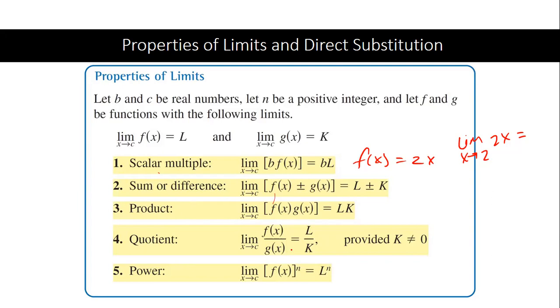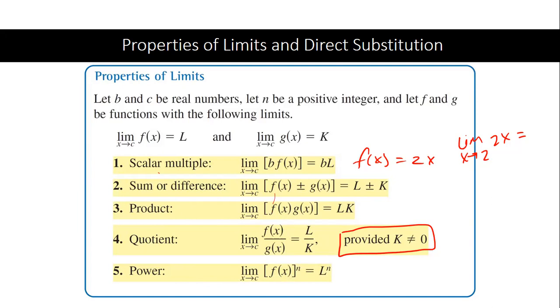If I have a function in the numerator, function in the denominator, I'm going to take the limit of the numerator and the limit of the denominator and divide them. And that's going to be the limit. Key thing here is that the limit of the denominator cannot be 0. Okay. And then last is your power. You're going to take the limit and whatever the power is, it applies to the limit.